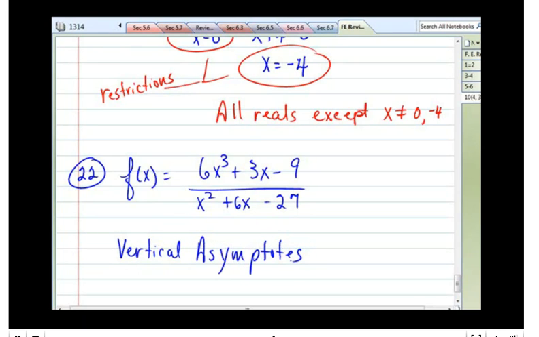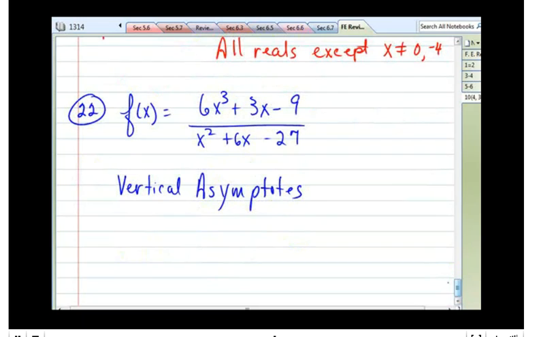We do the very same thing we did for the domain, because the vertical asymptotes are where this thing doesn't live. So when you find the restrictions, that's your answer. We have to take this bottom and set it equal to 0. Can we factor that thing? Okay, how does that factor, Ray?